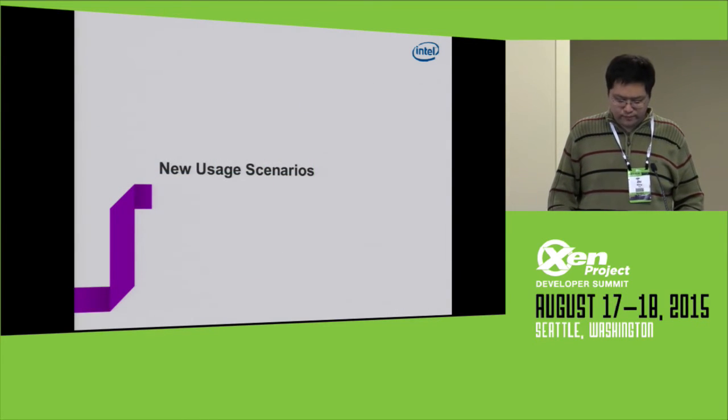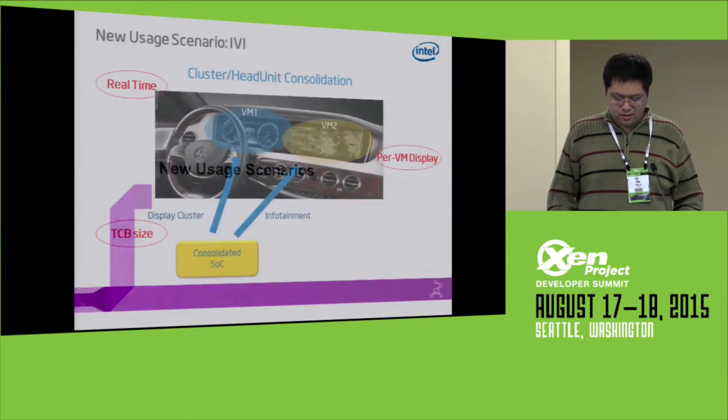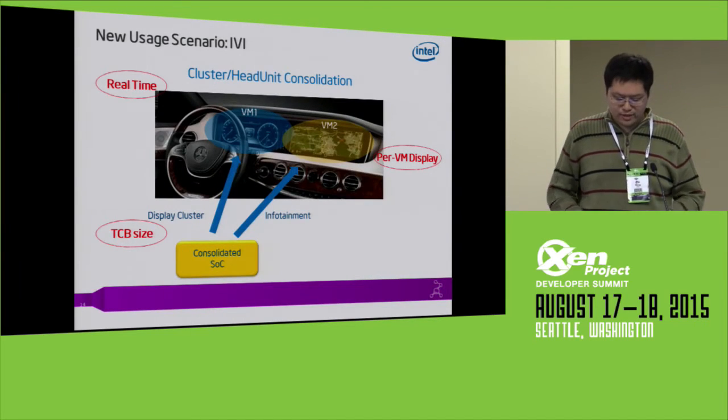Okay, so new usage scenarios. One team inside Intel achieved a POC project on the Intel SoC virtual platform. The basic idea is cluster and head unit consolidation. It means that they run the cluster and head unit in only one CPU.